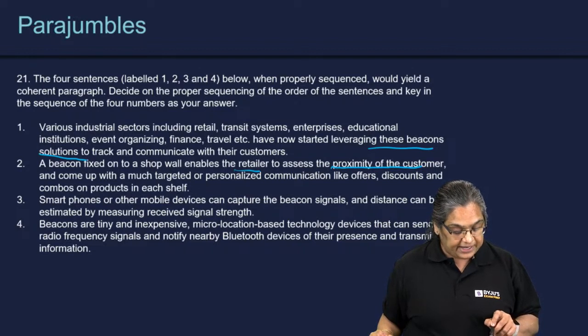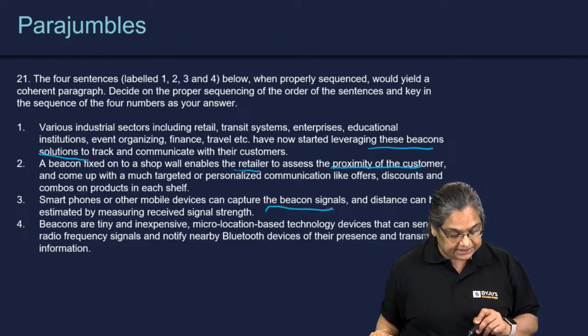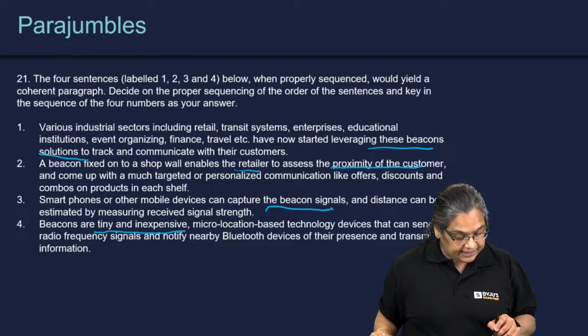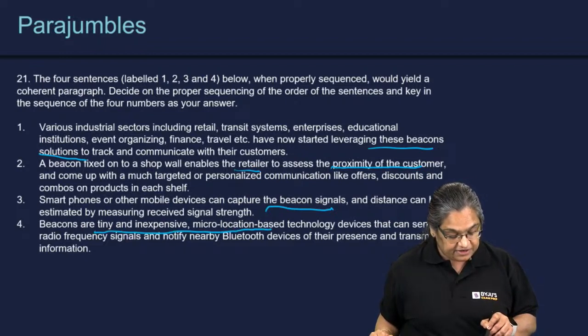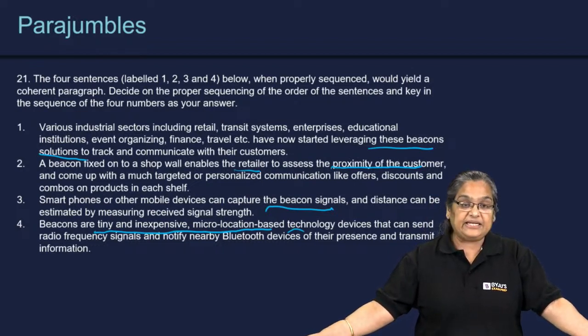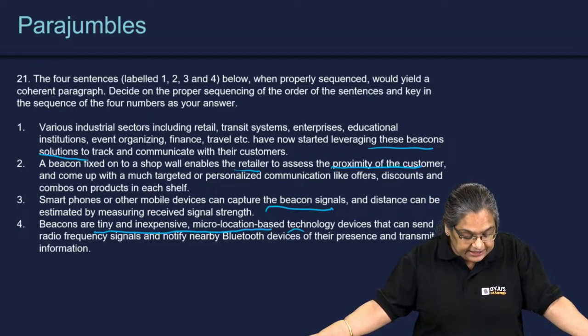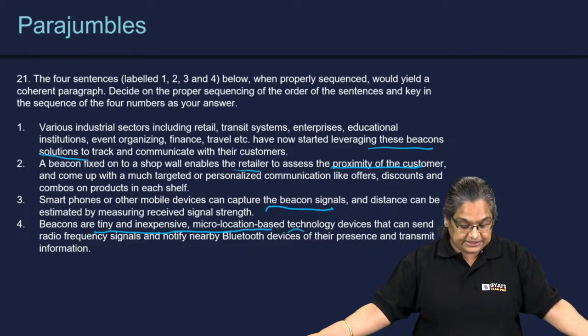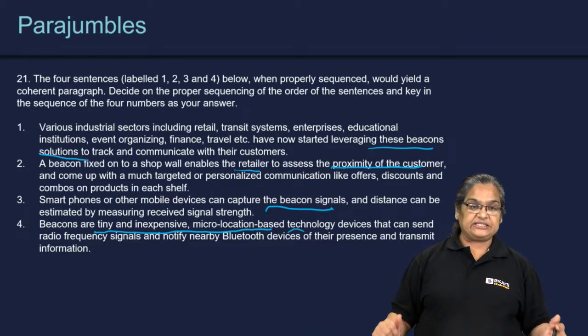Smartphones or other mobile devices can capture the beacon signals. Beacons are tiny and inexpensive micro-location-based technology devices that can send radio frequency signals and notify nearby Bluetooth devices of their presence and transmit information. What do you think is the starting sentence?